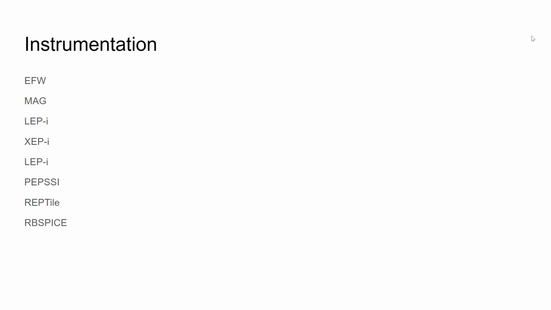Then the HEP-C, the energetic particles spectrometer science investigation. The next one is the RP-TAR, the miniaturized version of the relativistic electron proton telescope. And lastly, the RB-SPICE, the radiation belt storm probes ion composition experiment.